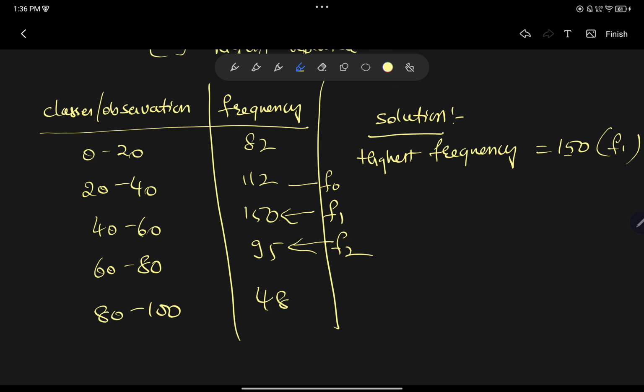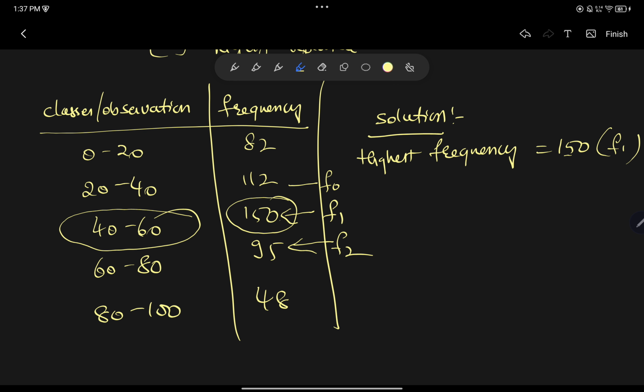Okay. So if we have F0, F1 and F2 as per the formula, then we know that this is the highest frequency and this is the class from which we need to calculate. Correct? Use the formula of mode and calculate that. So what is the formula?